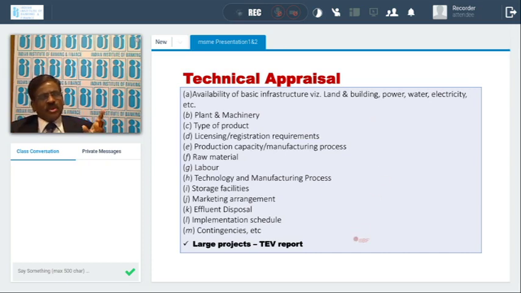Suppose it is a large project where you don't have that much infrastructure or understanding, you take a TEV report, a techno-economic valuation report, from experts in the field. It will give you some idea about the project, because the borrower is not in a position to submit all the details. So you ask for the TEV report from a third party, subject matter experts.